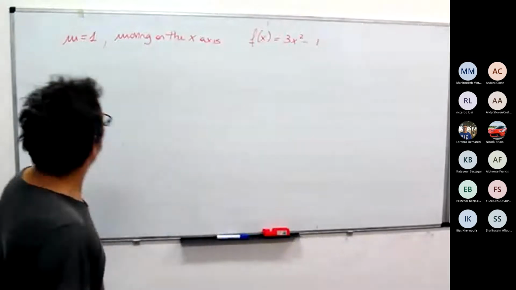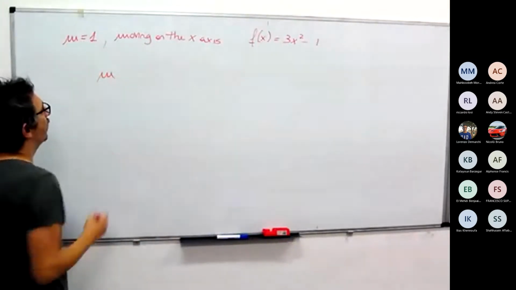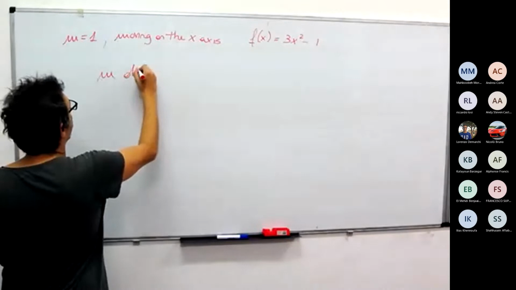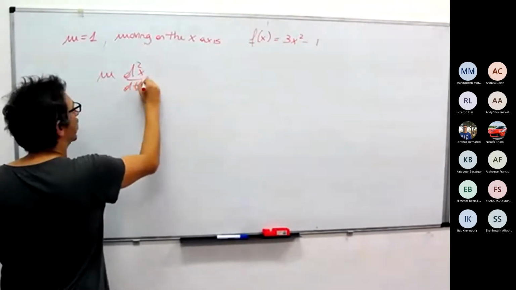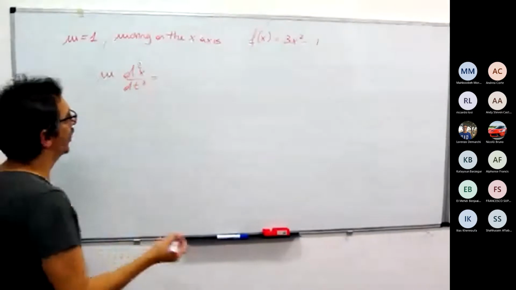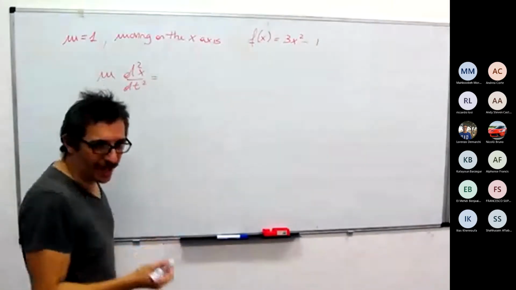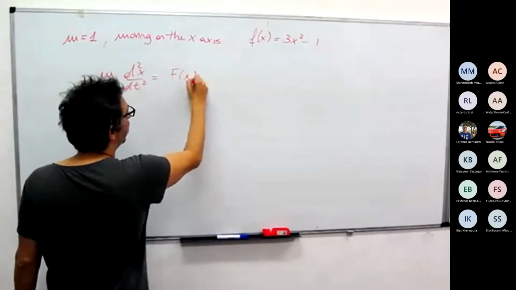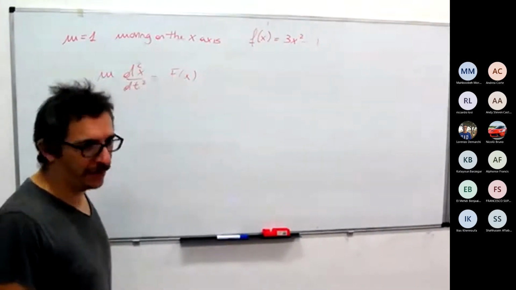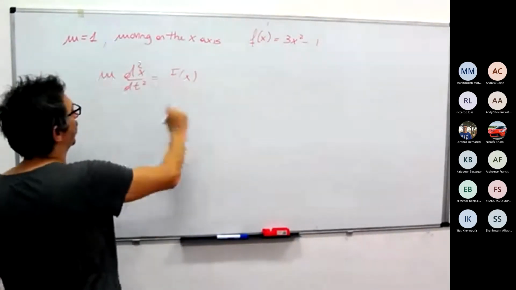So Newtonian dynamics, you know that I should have m times x double dot equal to the force. It's just F equal to m times a, no? In this case, the force depends on x. It's a conservative force, which is depending on the position.